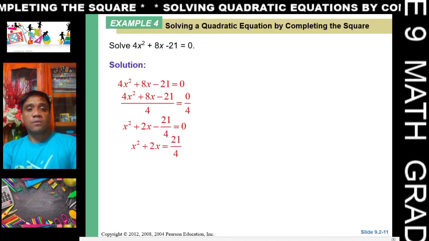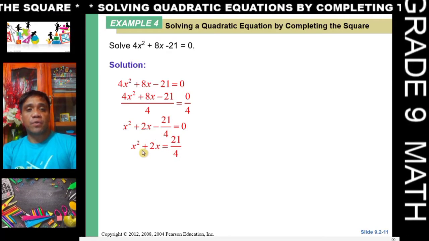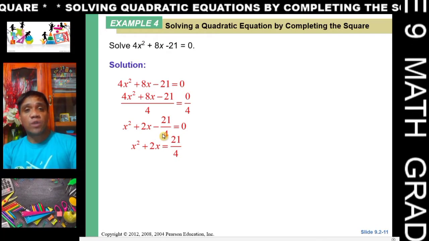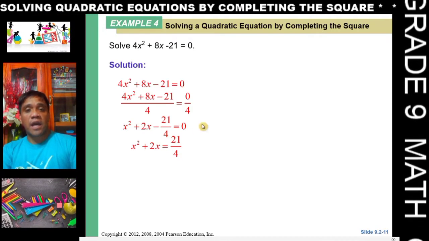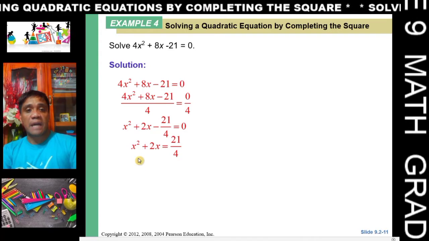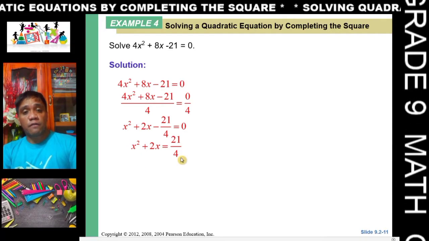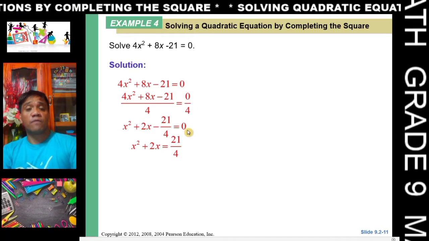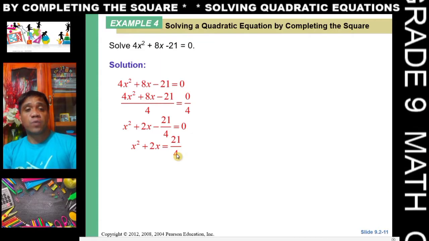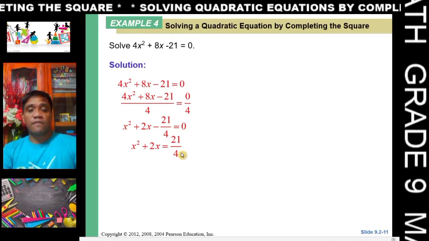That is why the left side of the equation becomes 0, since we added 21 over 4 to both sides. So we have now x squared plus 2x is equal to 21 over 4, because 0 plus 21 over 4, the additive inverse of negative 21 over 4, gives 21 over 4 on the right side of the equation.